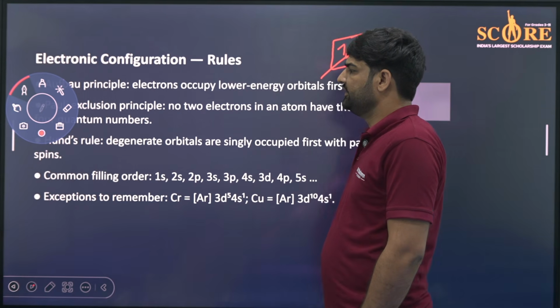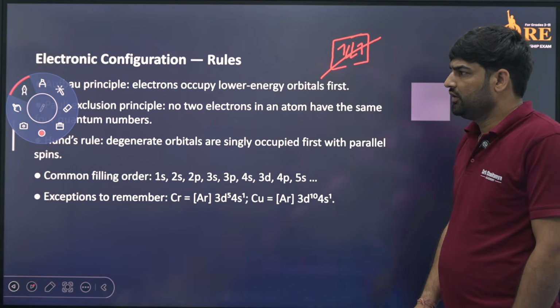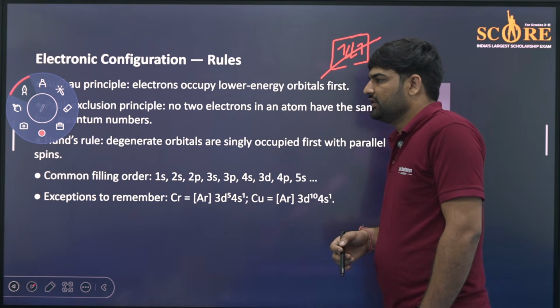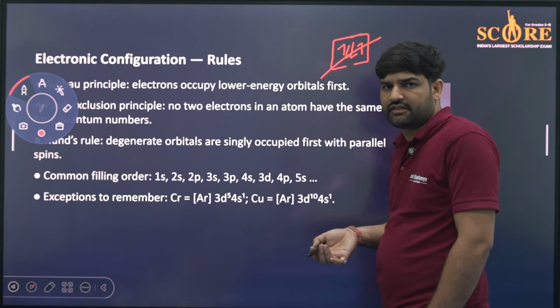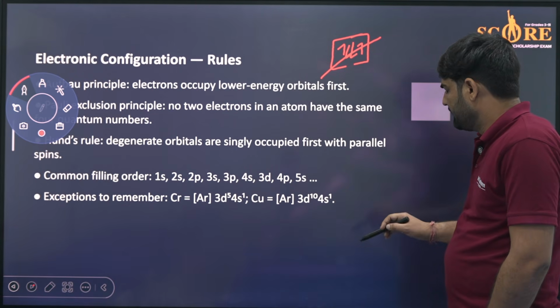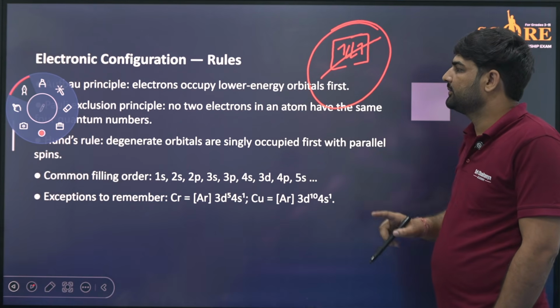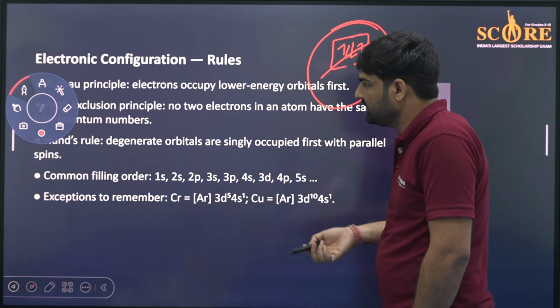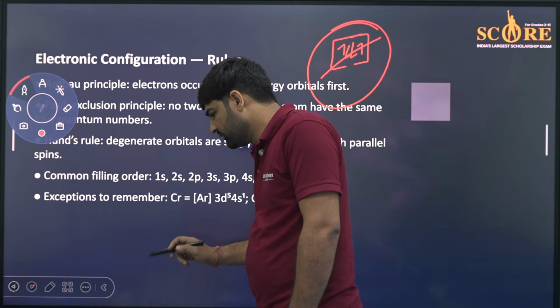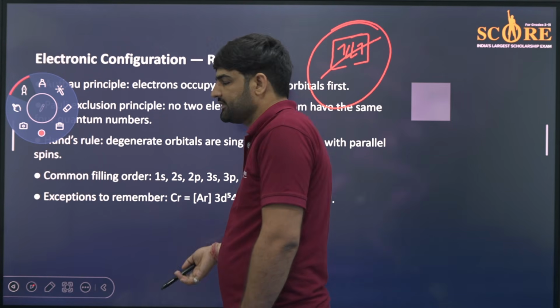The next principle is the Aufbau principle. This Pauli principle was given for a single orbital, while the Aufbau principle was given for different subshells.